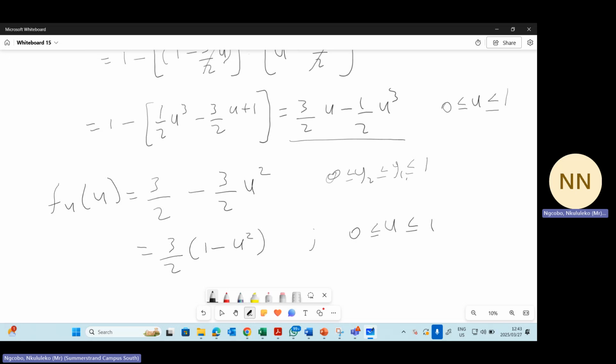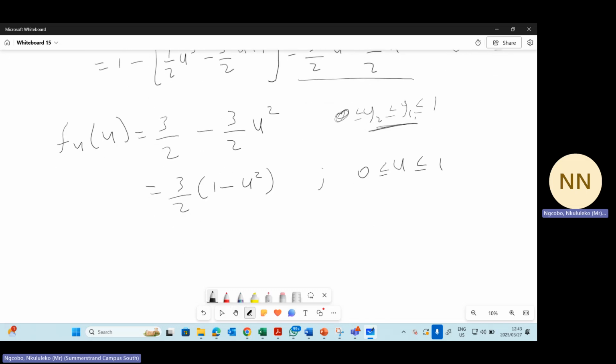And since u is a function of these two variables, you need to take the interval of these two variables, where u is greater or equals to 0 but less than or equals to 1, and 0 elsewhere, right?